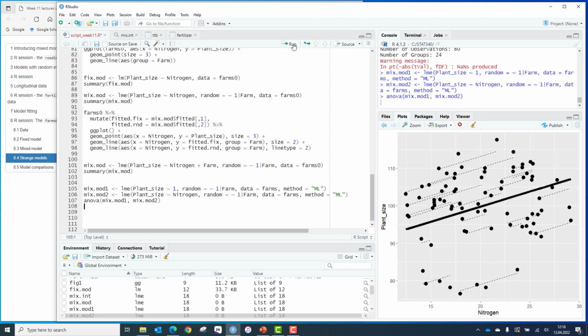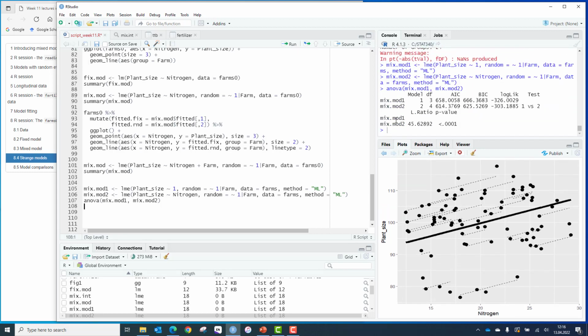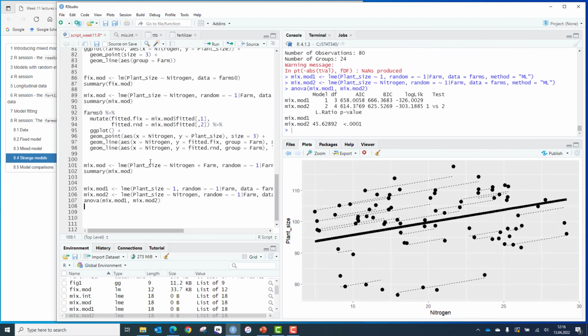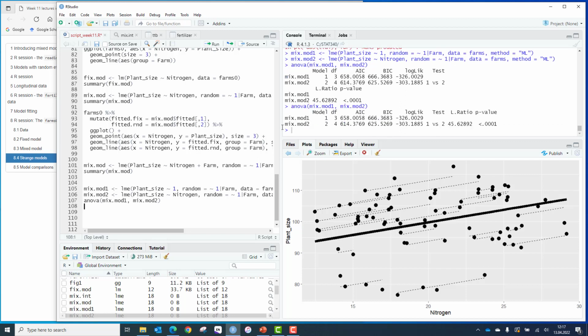So if I run this one now, you will see the two models here. You can have 3, 4, 5 models if you like, but make sure they are ordered from the simplest to the most complex.